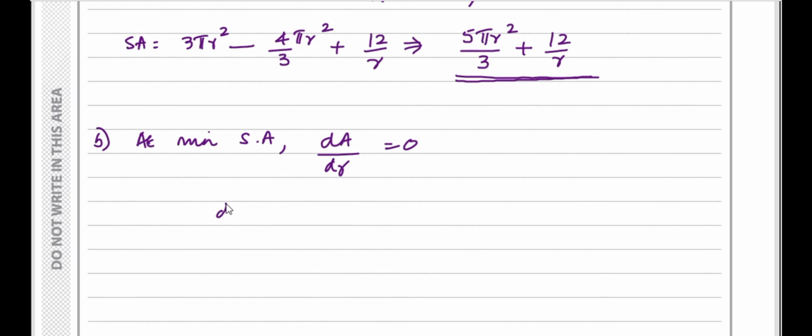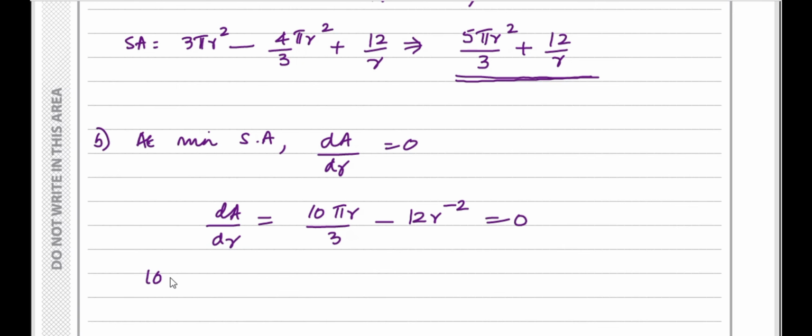So let's figure out what is dA by dr here. You got dA over dr equals, differentiating term by term, 10 pi r over 3 minus 12 r to the power of minus 2. This is equal to 0.